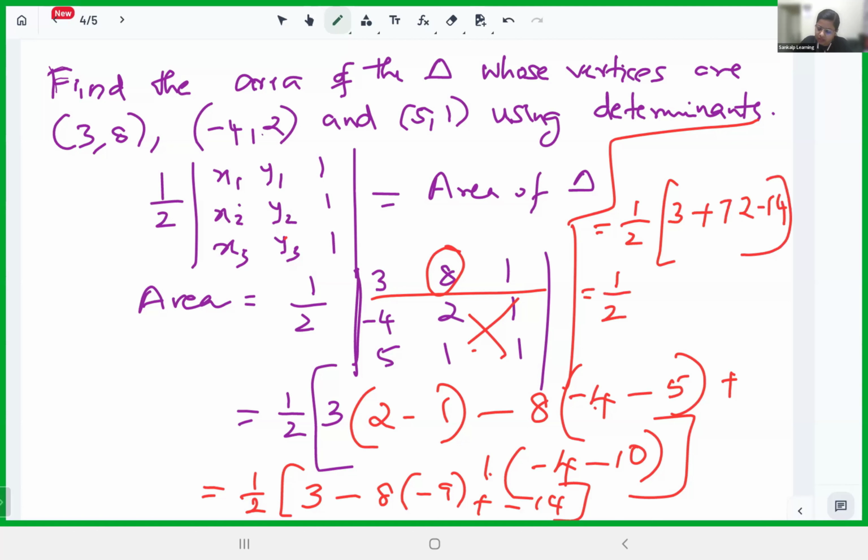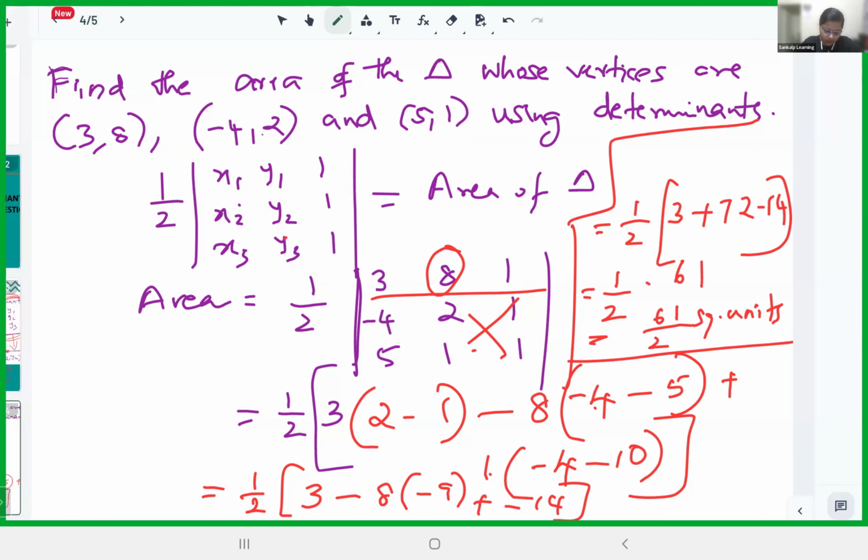So half of 72 plus 3 is 75. 75 minus 4 is 71 and minus 10 is 61, right? So the answer is 61 by 2 square units. So what is the area of the given triangle? It is nothing but 61 by 2 square units.